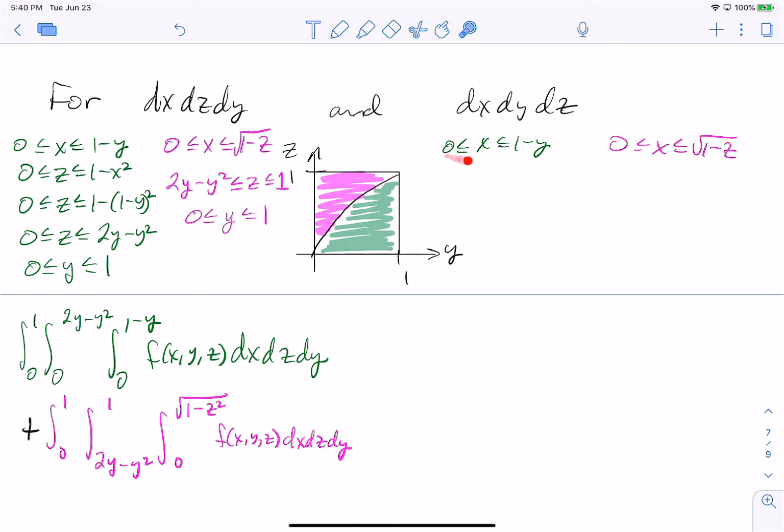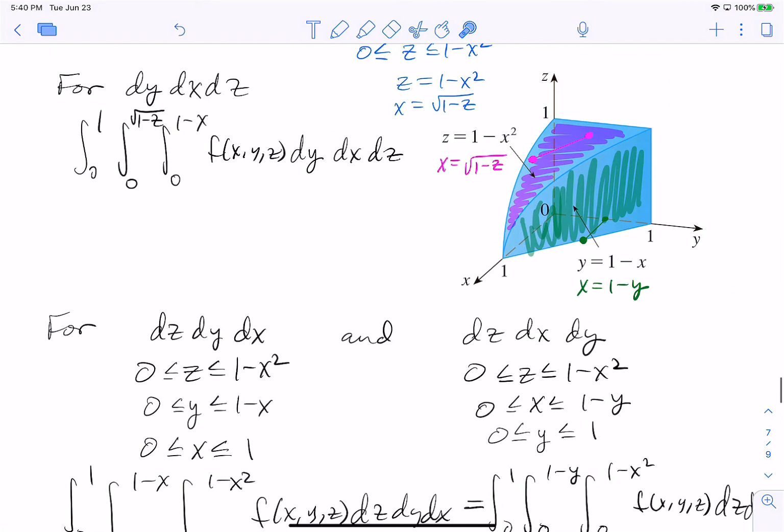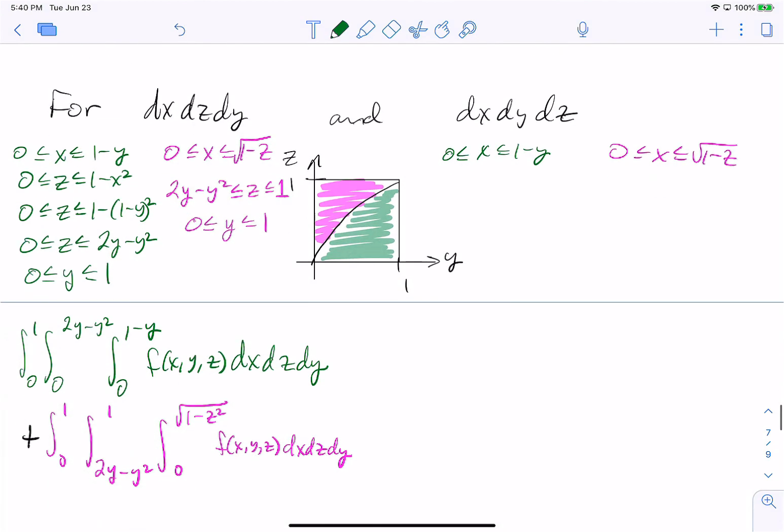We already know the limits on x for the green portion. For y, we can see we go from this curve to 1, but that curve is defined by this plane, right? It's the curve of intersection between the plane and the parabolic cylinder. Therefore, I would want to say that y goes from 1 minus x to 1.